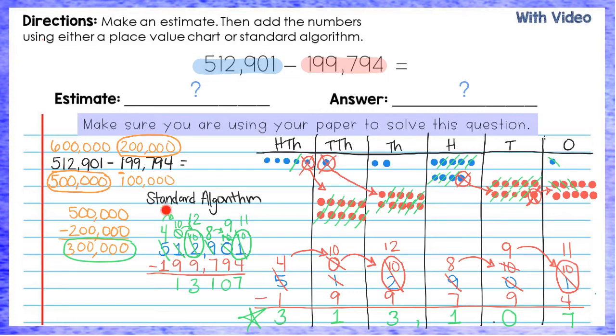Then we can go to our 100,000s place. 4 minus 1 is 3. And we got the same answer. Awesome job. So remember to write your estimate here in your slides and your actual answer here. They should be close because the purpose of doing an estimate is to see if your answer is close.